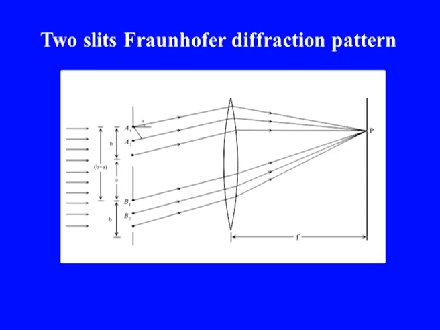We assume that the distance between two consecutive points in either of the slits is d equal to a plus b. If the diffracted rays make an angle theta with the normal to the plane of the slits, then the path difference between the disturbances reaching the point P on the screen from two consecutive points in a slit will be d sin theta.